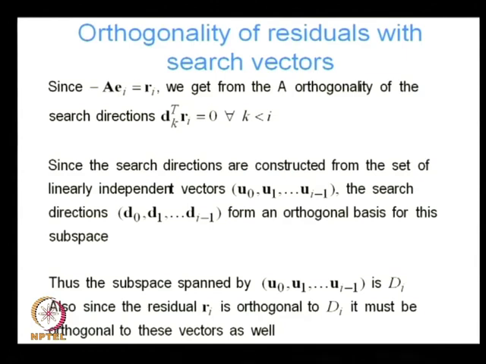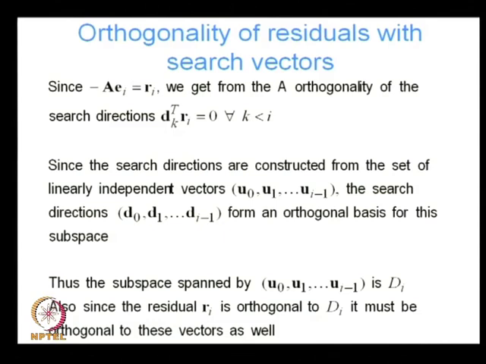So basically I am saying that I got my d_0 through d_(i-1) from my i linearly independent vectors u_0 to u_(i-1), right. But I know that my d_0, d_1 through d_(i-1) form an orthogonal basis for the space of u_0 through u_(i-1), and therefore the subspace spanned by u_0 through u_(i-1) is actually also D_i. Is that clear? I do not know if it is clear.